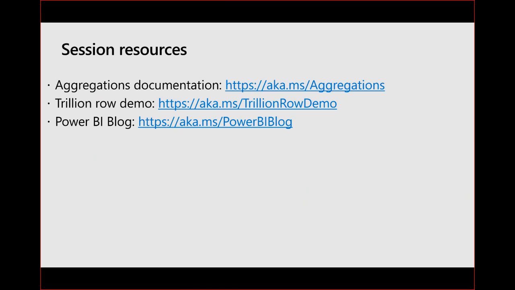So the Power BI datasets are literally powered on Analysis Services, which is our BI engine, which is now over 20 years old and has been a market dominator for decades.